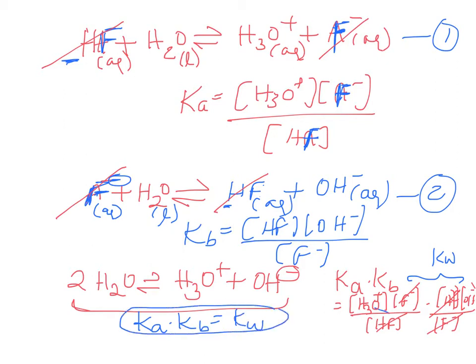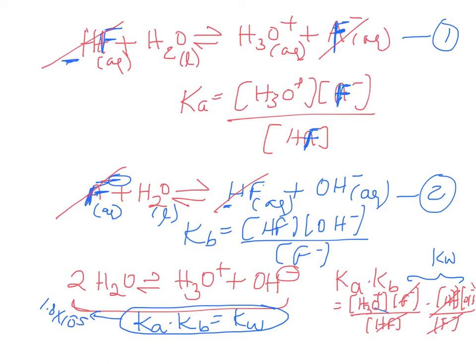And for that matter, if you know the Ka value of a particular acid and you wanted to determine the Kb for that, you can simply do that by dividing the ion product, which is 1 times 10 to the negative 14, by the Ka number. So just to put things in perspective, let's say you wanted to determine that for acetic acid. Now acetic acid Ka is 1.8 times 10 to the negative 5.